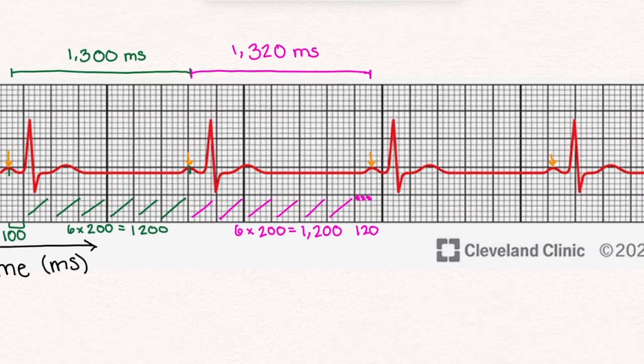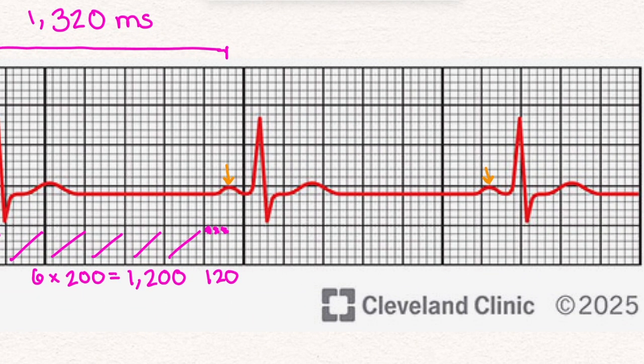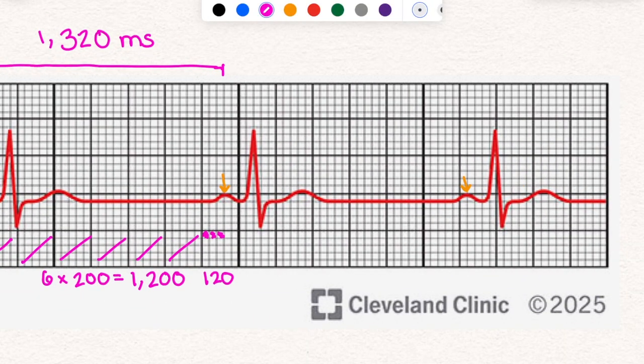I'm going to do the same process with my next P wave crest to P wave crest. So to calculate that distance, I'm going to start at the point that I ended and go all the way to my next P wave crest. To get to the end of the large square, I have to travel 2 small squares, which will give me 80 milliseconds.